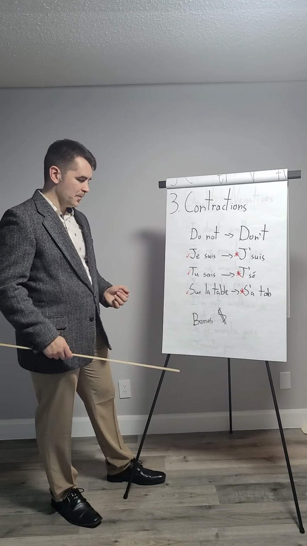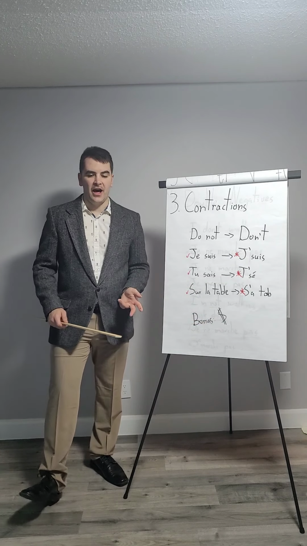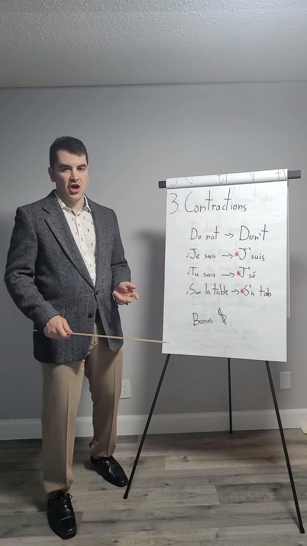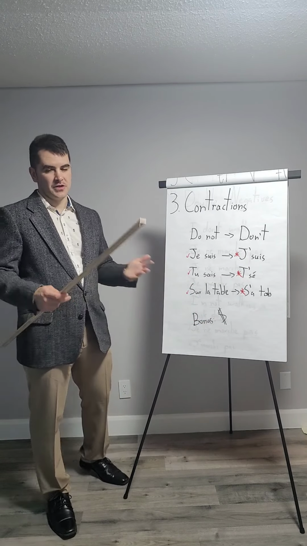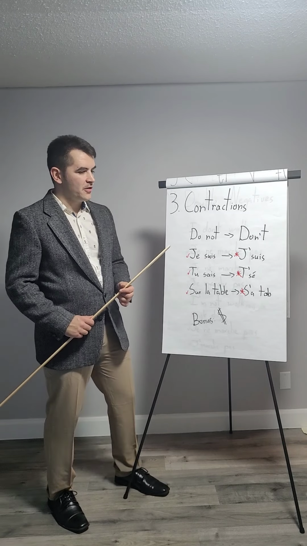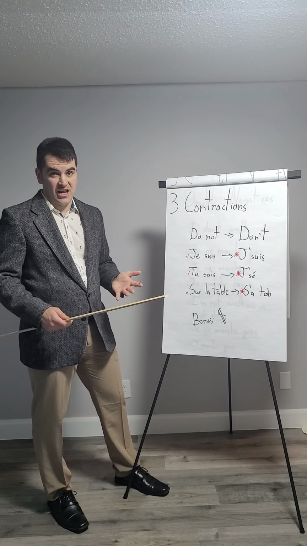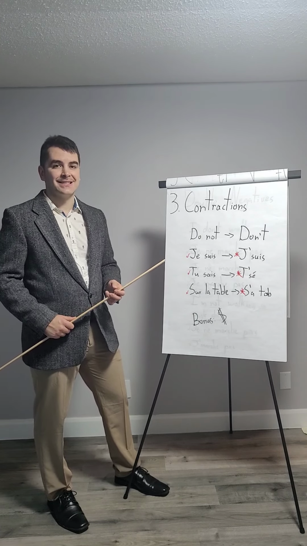As a bonus, you may know another word for dollar in French. So yes, there's dollar, évidemment, obviously. But another word that you may have heard, if you're more familiar with Canadian French, is piasse.